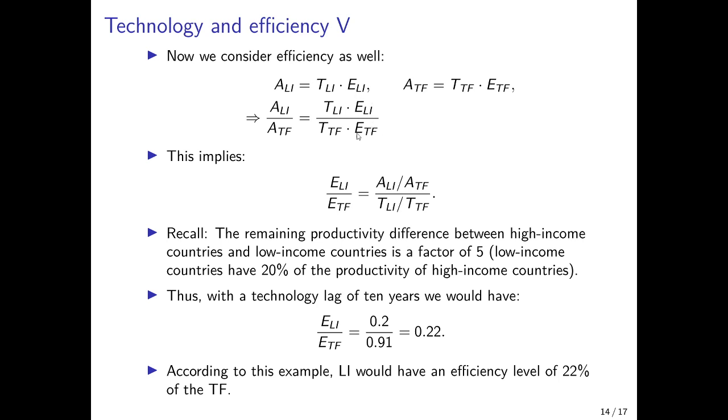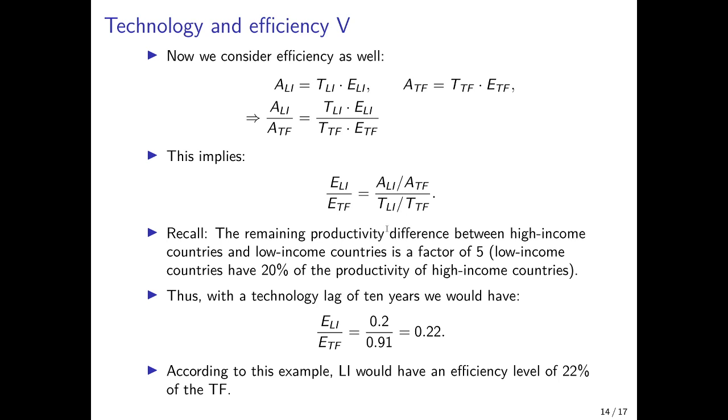And from this we can isolate the efficiency component by isolating this term here, and the efficiency component of the differences between the two countries would then be the productivity gap between the two countries divided by the technology gap of the two countries.